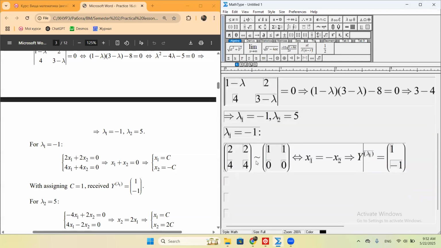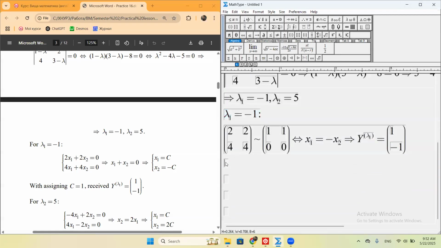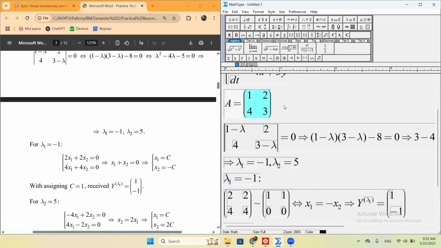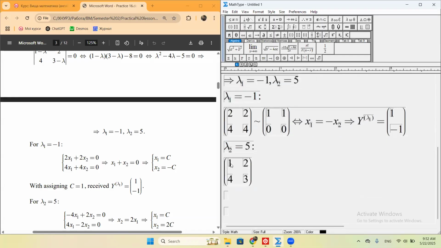And for lambda equals 5. So I will receive here minus 4, and here minus 2. Then we'll receive 2, minus 1, 0, 0.